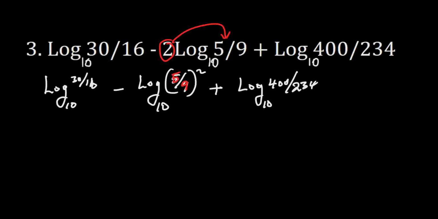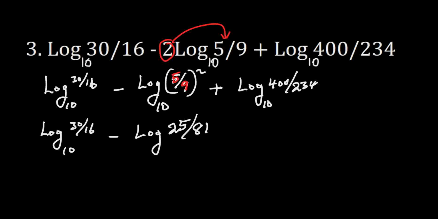So this will become log 30 over 16 to base 10 minus log 5 squared is 25 over 9 squared is 81, plus log 400 over 234 to base 10.